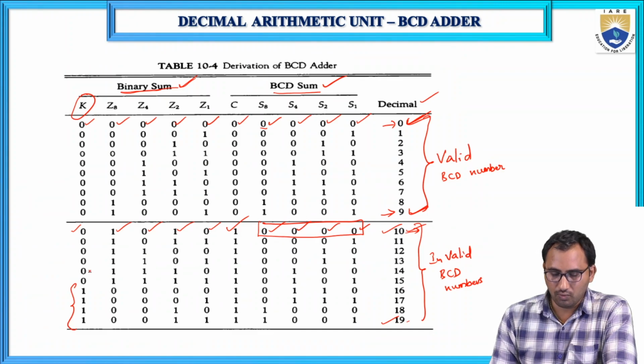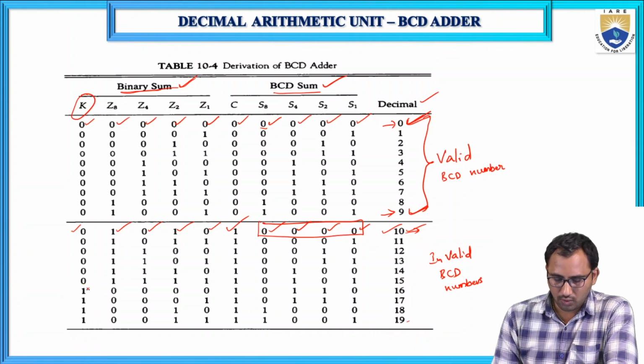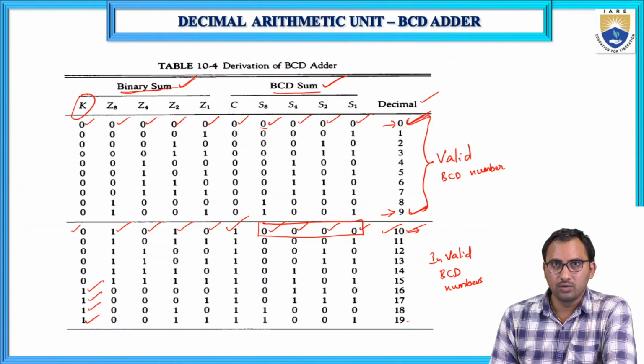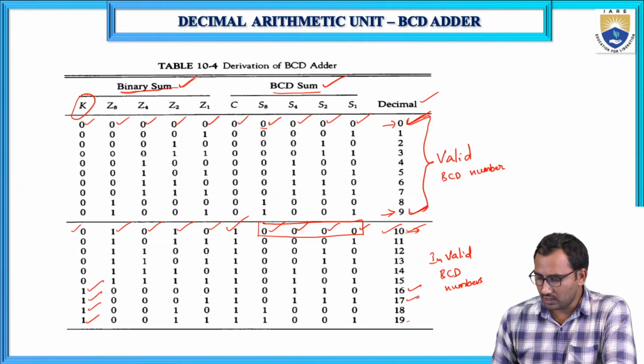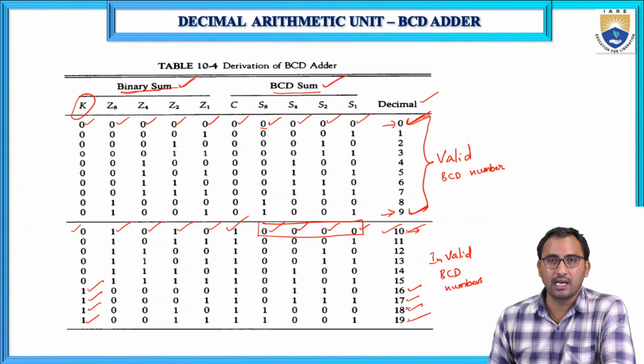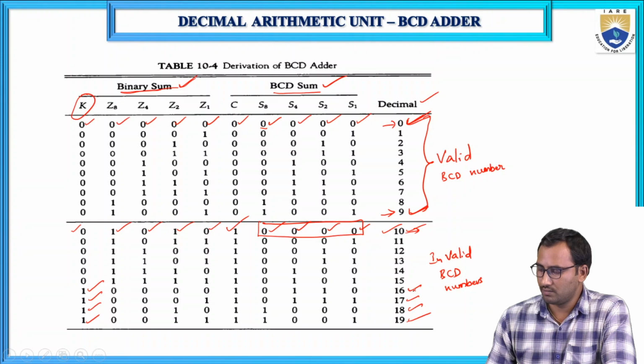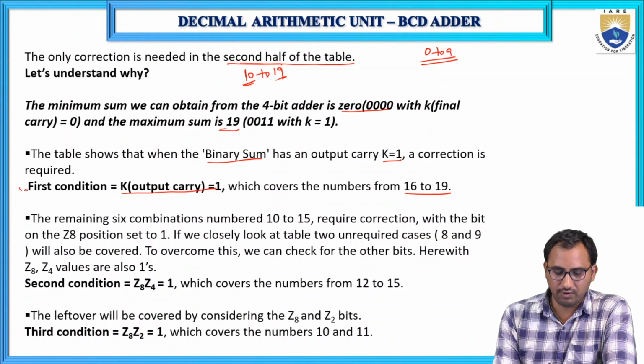Here you can see K is equal to 1, so those numbers from 16 to 19 require the correction. This is the first condition.